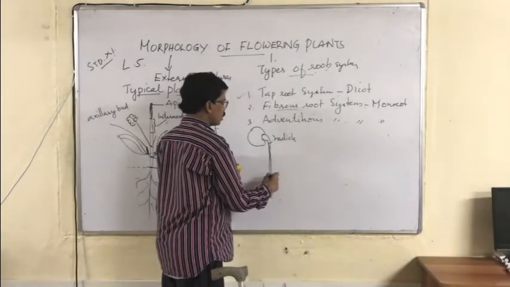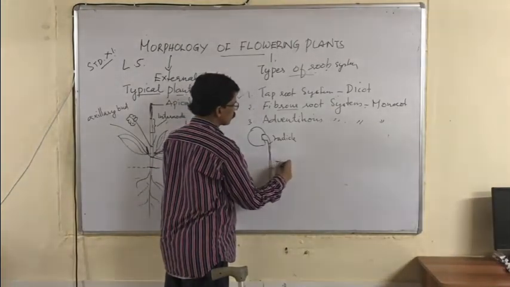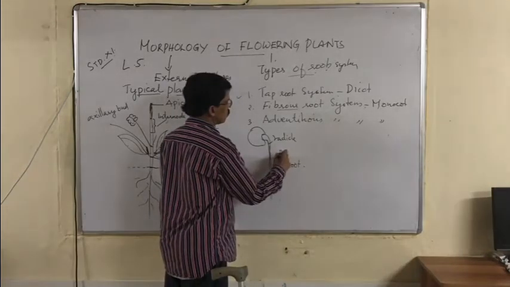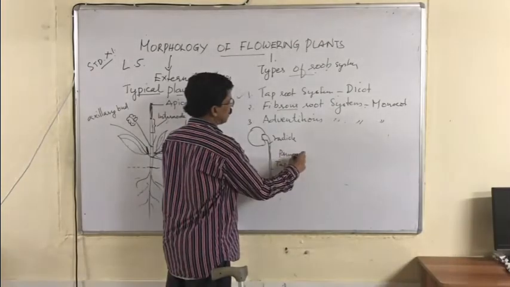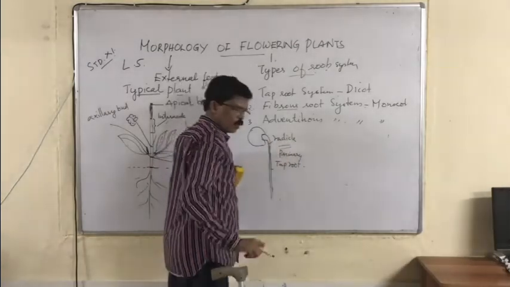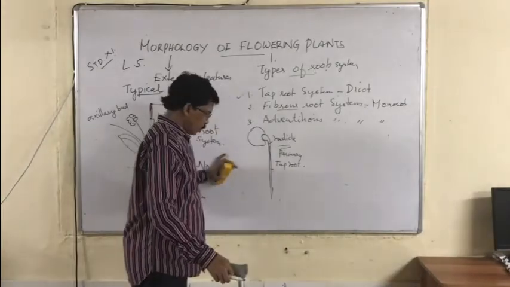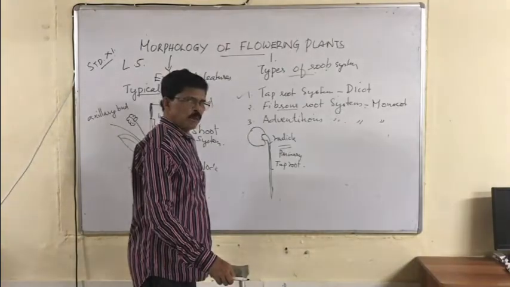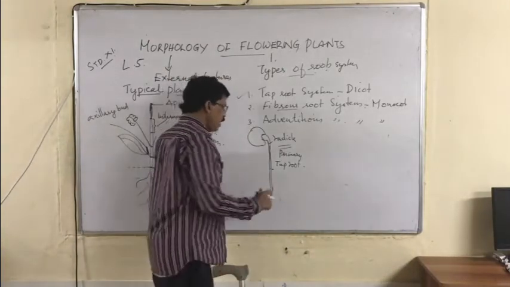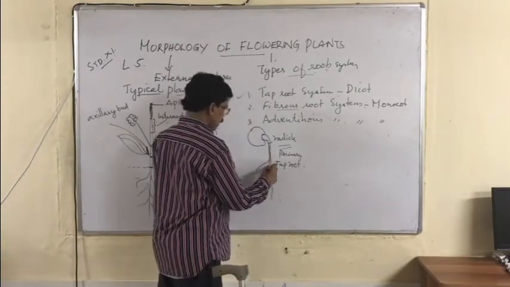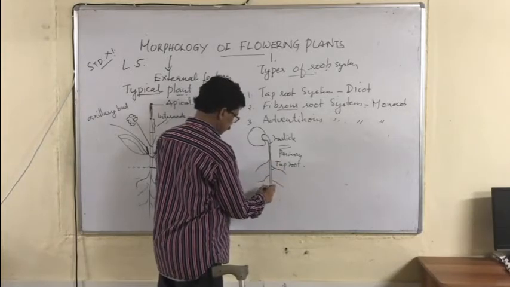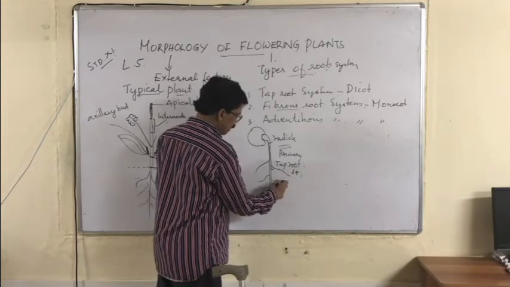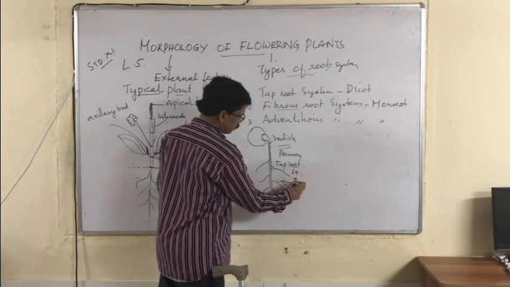This main root is called the taproot or primary root. Now it produces branches, called the secondary roots. Then again the branches produce tertiary roots.